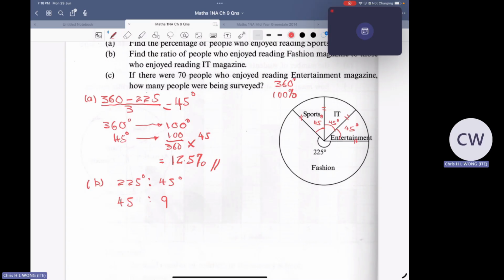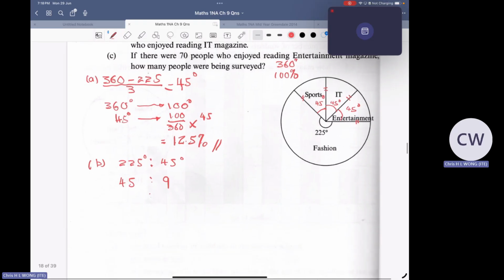But the moment you start to reduce to a lower term, you don't have any more unit because you cancel them all away. Ratio has no unit. So you have 1 times 9 is 9. 5 times 9, 45. So this is the ratio answer.